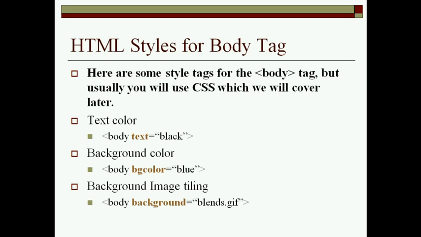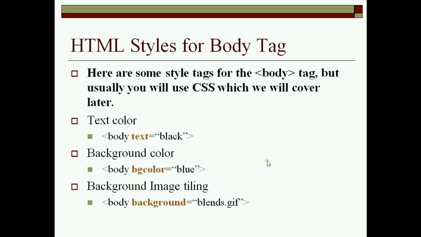The body tag has attributes that allow you to specify styles for the body of the rendering. So for example, you can specify that the text in the website is going to appear as black, or that the background color may be whatever you choose, and there might be a background tiling, so a particular image will tile to appear as a background in tiled format.